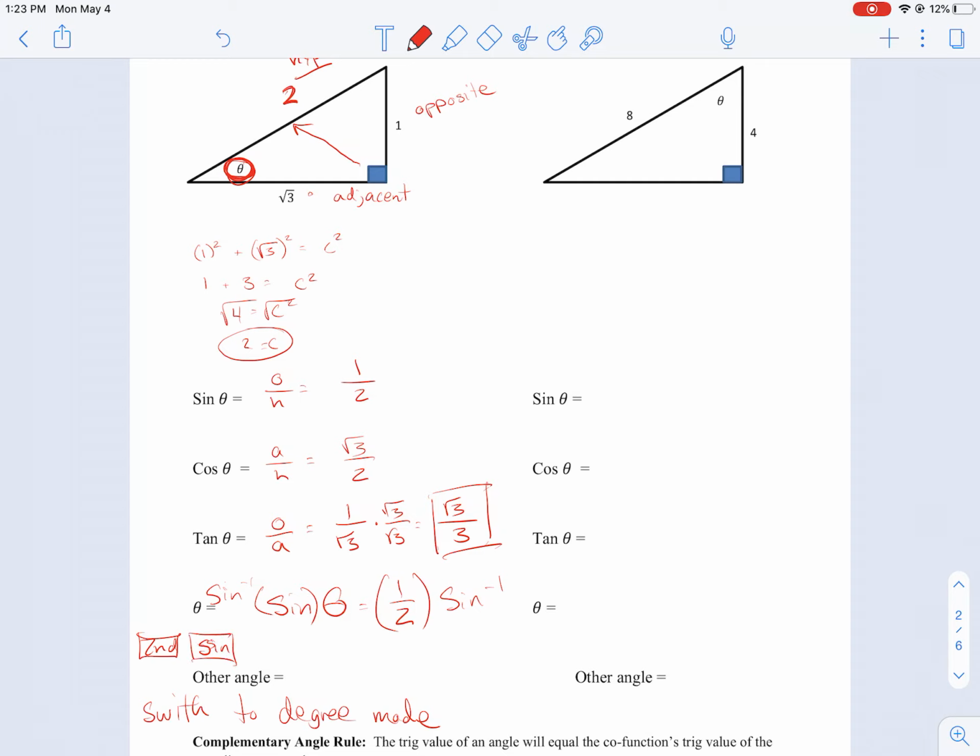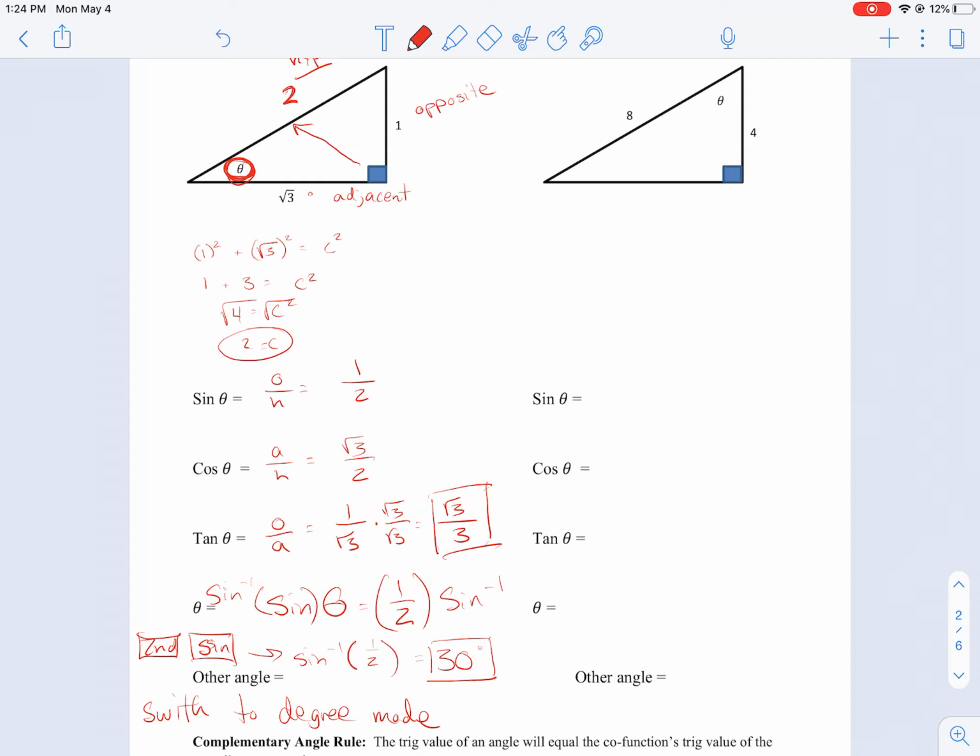And you should get a sine with a -1 parenthesis. Once you get that, you're going to type in your 1/2. So the arc sine of 1/2, and you should get 30. Because we switched this into degree mode, this is actually 30 degrees.